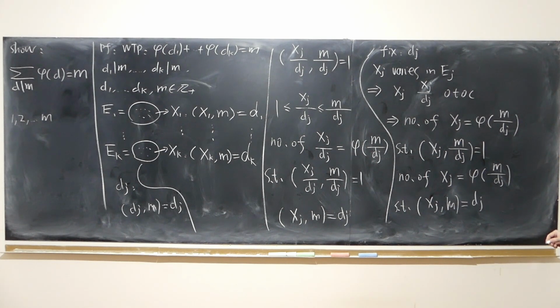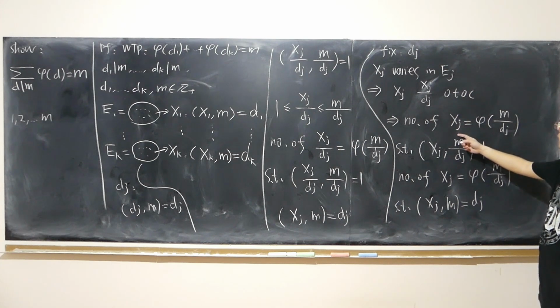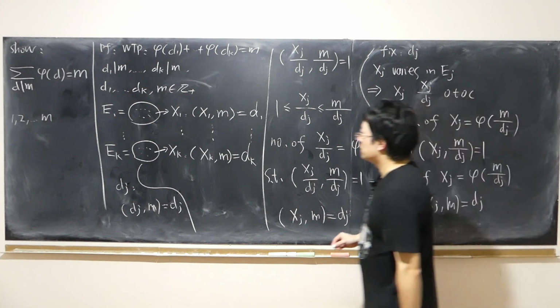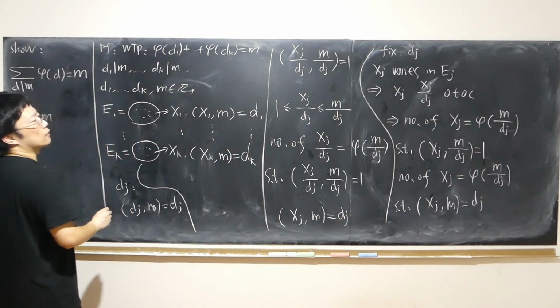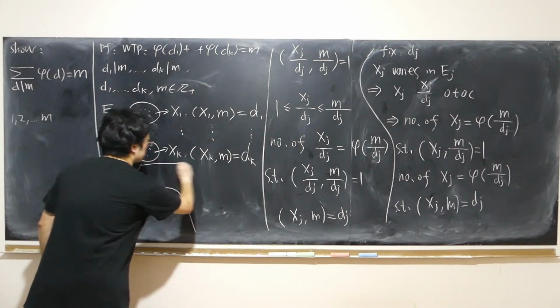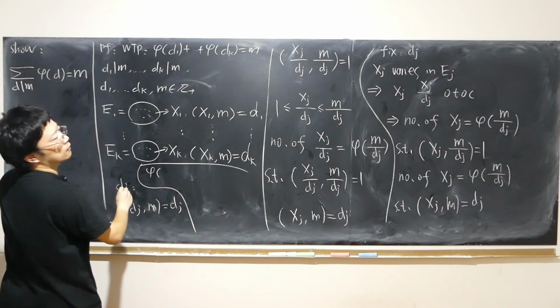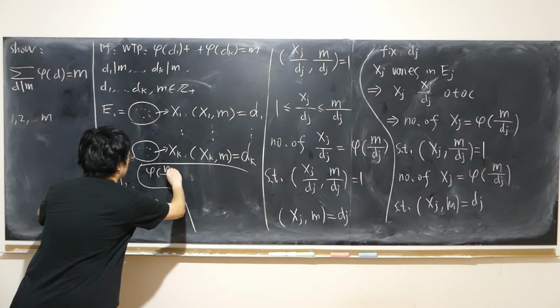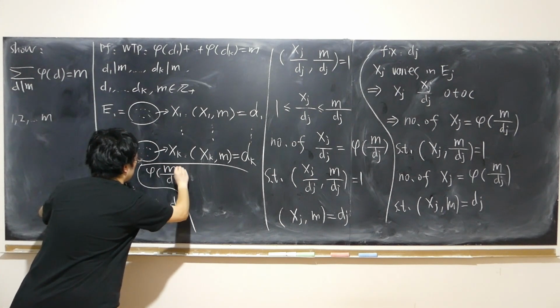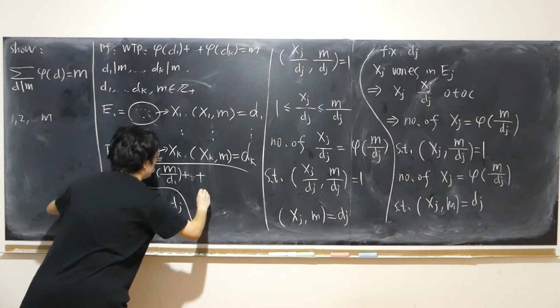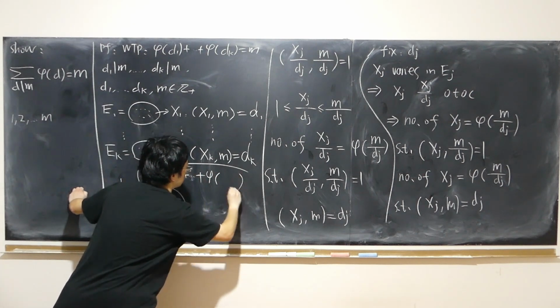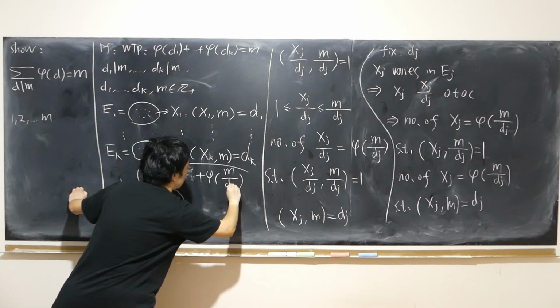And so think about the number of xj, j goes from 1 all the way up to k. Add them all up. How about that? What can they equal to? Phi of m over d1 plus all the way up to phi of m over dk.